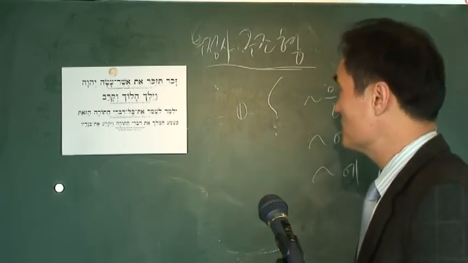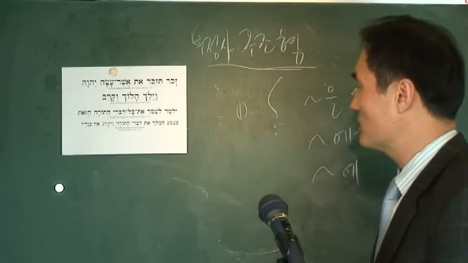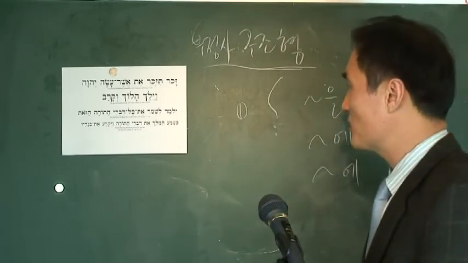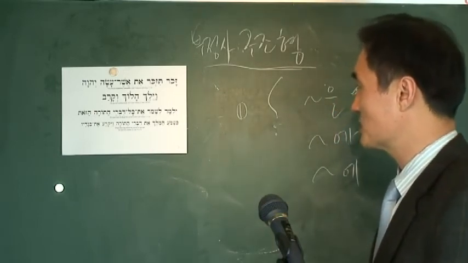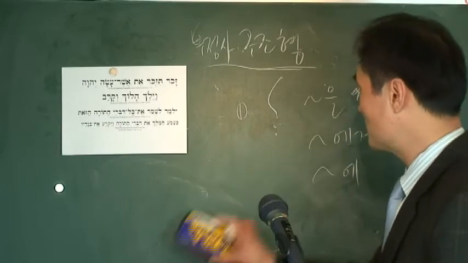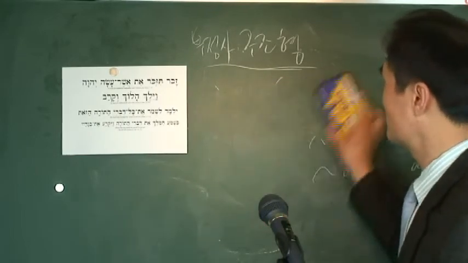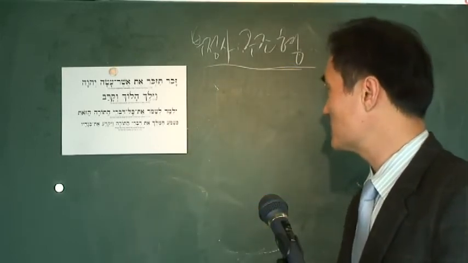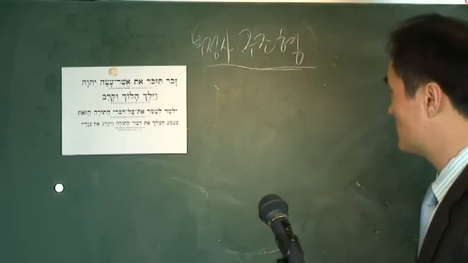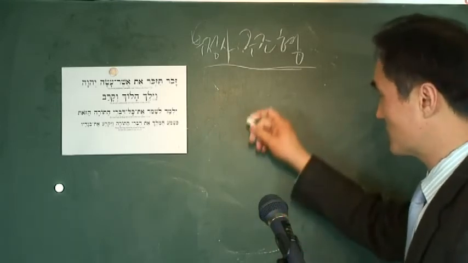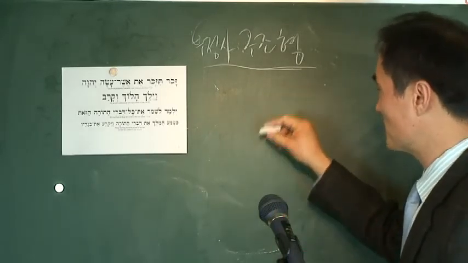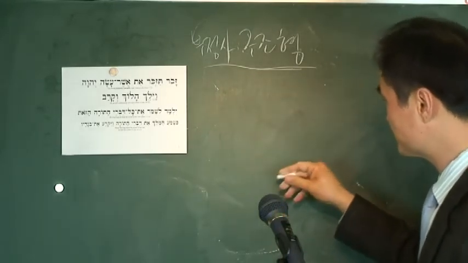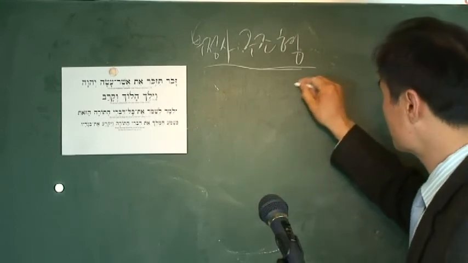Let's look at an example. Ilmad li shemor et kol dibre haTorah hazot. The first word in this sentence, ilmad, would be the leading word of this sentence.